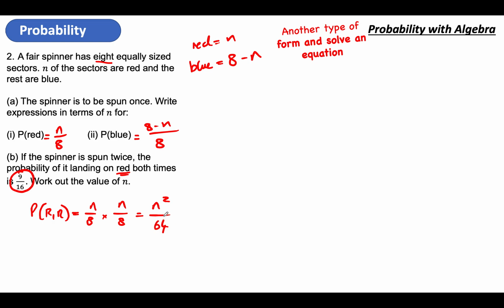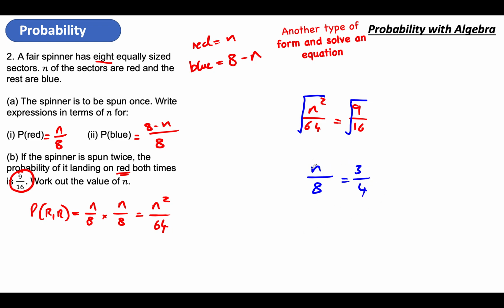So n squared over 64 is 9/16. Notice again how they're all square numbers on there. I think it's quite deliberate because they're enticing us to do a square root on both sides. Well, n squared will then be n over 8, which equals 3 over 4.